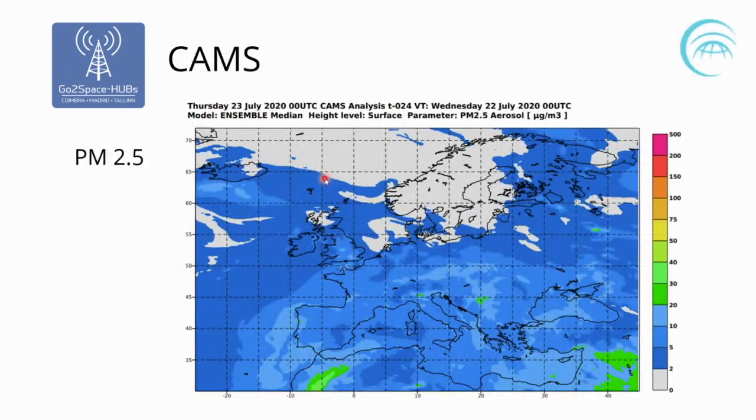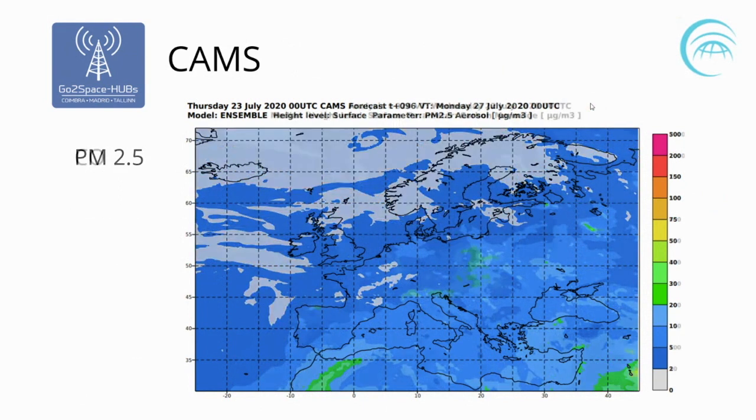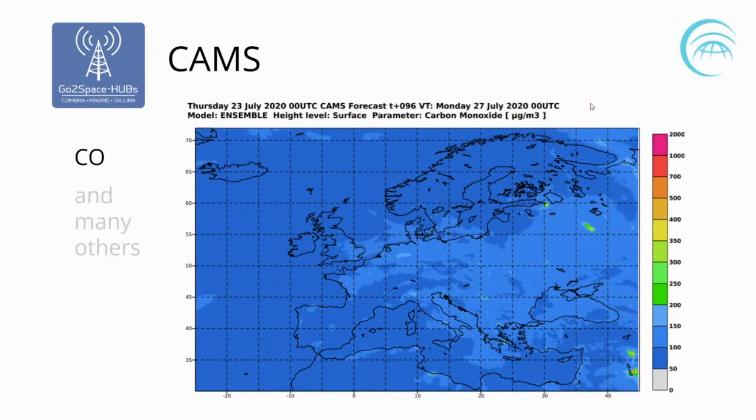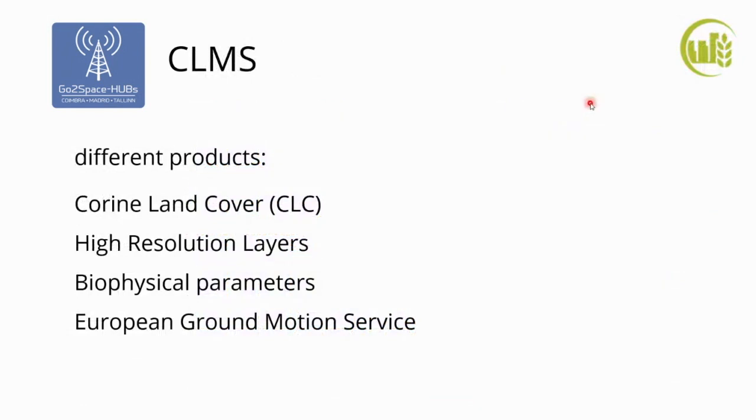For example, CAMS, which stands for Copernicus Atmosphere Monitoring Service, provides us with information about pollution of the atmosphere for every date we want. We just choose the day, we choose the factor, like here, particulate matter and carbon monoxide, for example, with different dates. That's one, and there are many others as well. You can just go there and look for what you need. Another one is CLMS, which is Copernicus Land Monitoring Service.